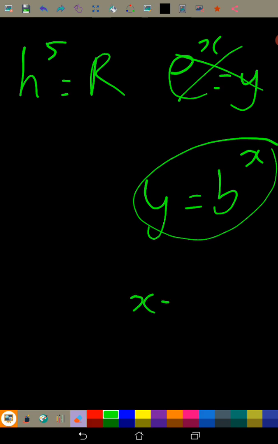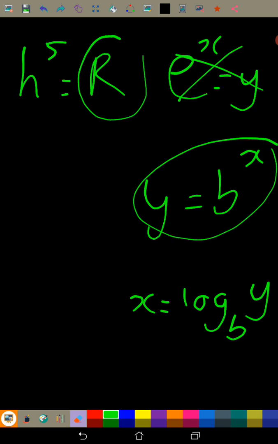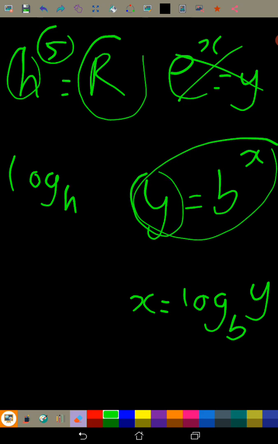And x is equal to log base b of y. So here I have this x, this b. So log b, and this is y.